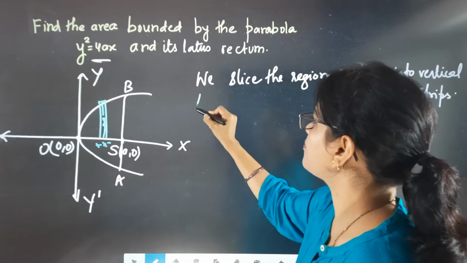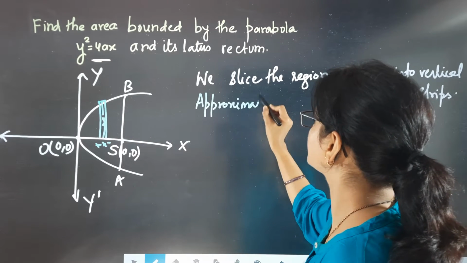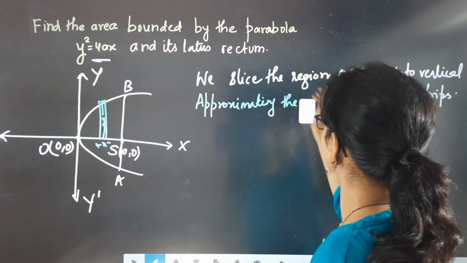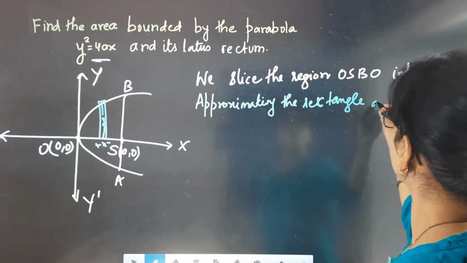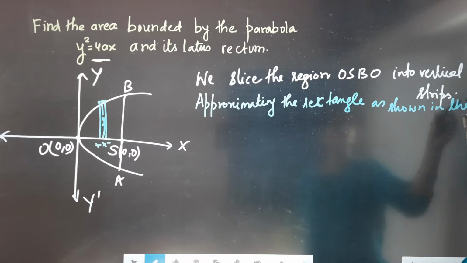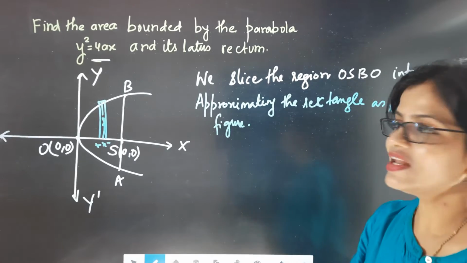So we are going to write: approximating the rectangle as shown in the figure. So length will become what?